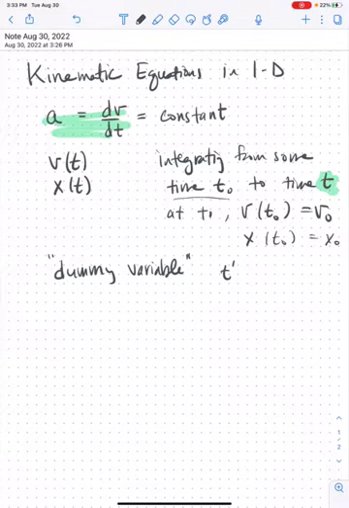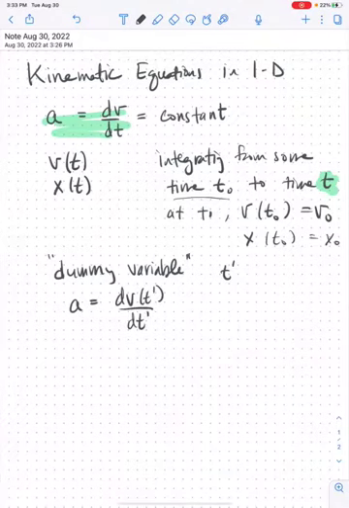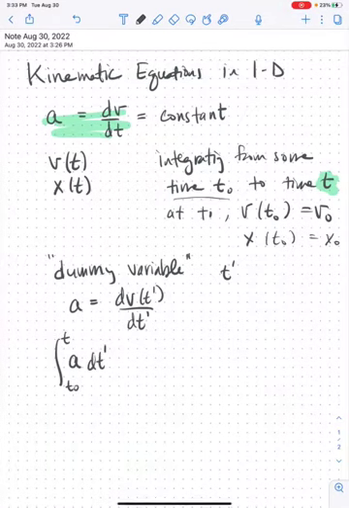So that's to remind us that it's like a time, but it's not the same time as this t that we're using to get our final equation in terms of, okay? So now we're going to write a as dv of t prime dt prime. It's still that same constant. We're just writing it in this different way. And so then we are going to integrate from some time t naught to some later time t over dt prime, okay?